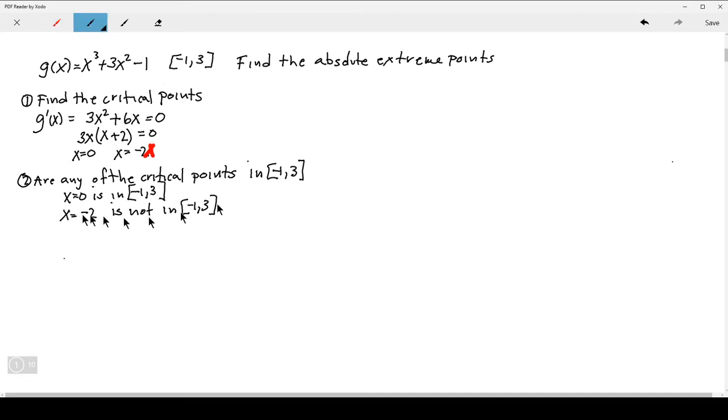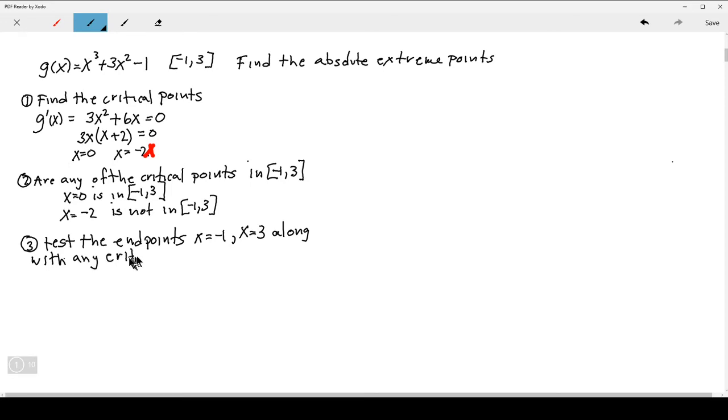Now the third thing I have to do is test the endpoints of the interval, which are x equals -1 and x equals 3, along with any critical points that are in the interval -1, 3.